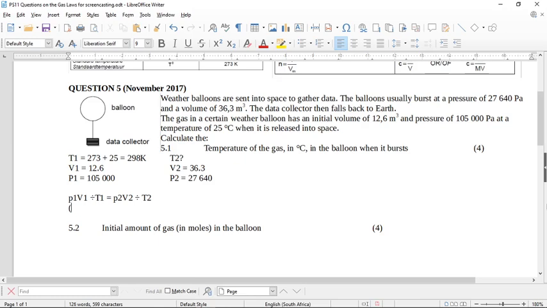So P1 is 105,000, and then my V1 is 12.6, and this is going to equal P2, 27640, V2, 36.3, and T2 we don't know, divided by T2. Okay, what have I forgotten here? I have completely forgotten to type in over here divided by T1, which is a bit silly. Okay, divided by 298. That's the temperature in Kelvin.